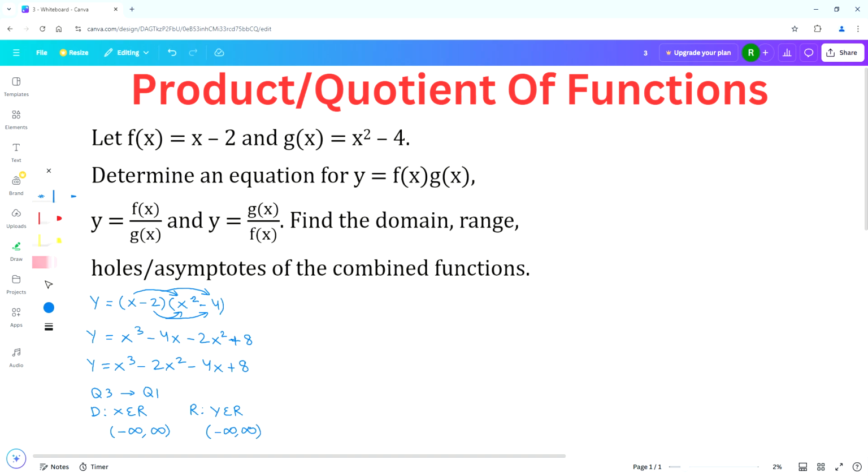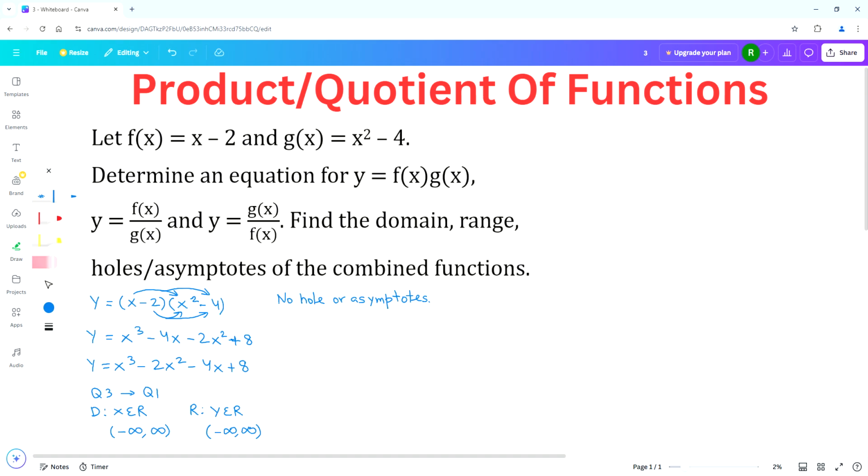Since this function is a polynomial function, it has no holes or asymptotes. So we are done with the first part. Now we can analyze the second part.